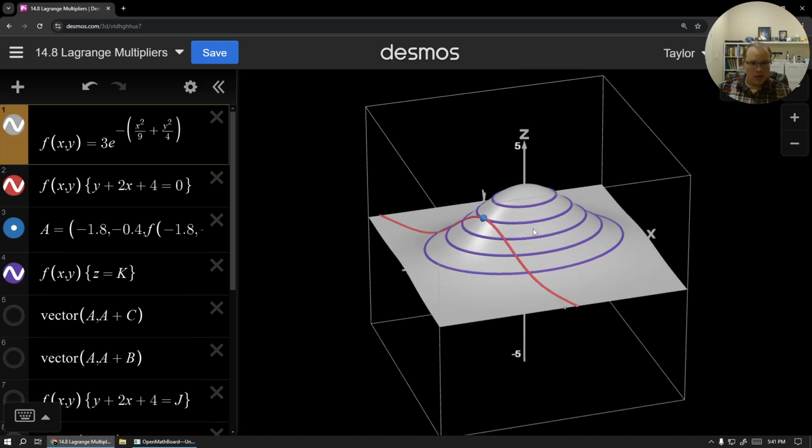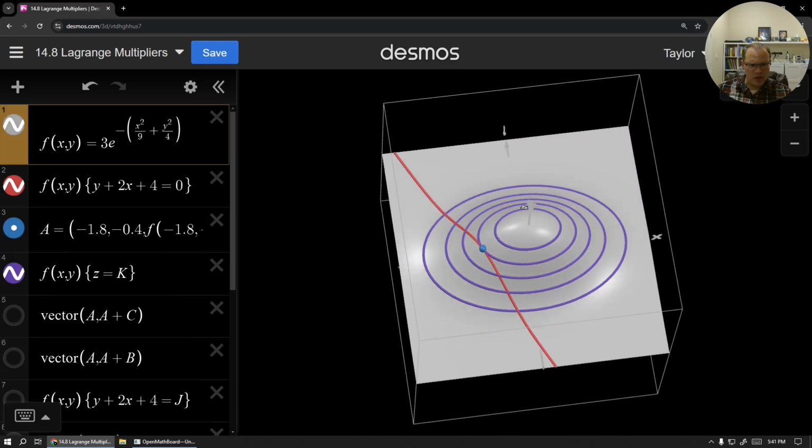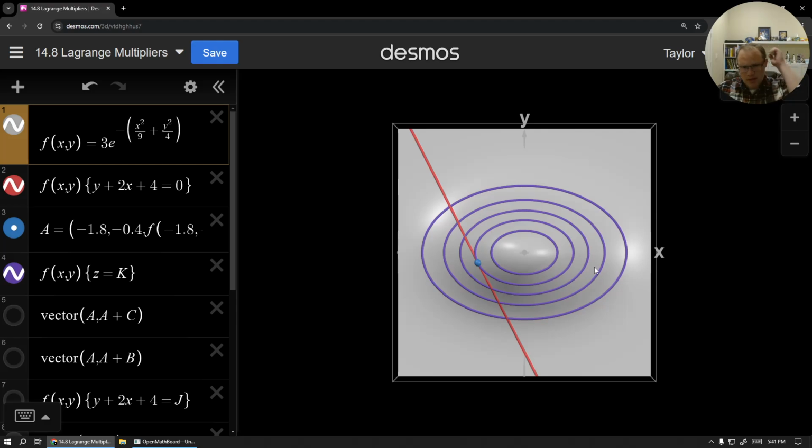So this is one very interesting observation: the point where we reach the maximum value on our constraint equation is tangent to one of the level curves. It's not immediately clear for any general problem which level curve, but we can see that we would be tangent to one of them.